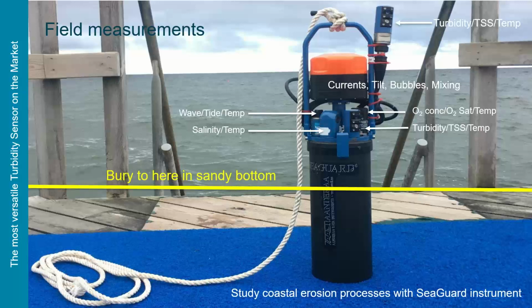And then the most important feature here is the dual turbidity sensors, which you see one above the other, and that gives us possibilities to see how much of the sediments are resuspended by waves and currents, and how they are transported in different directions. Why two? Because with two you get the gradient, and then you can roughly calculate, if you have resuspension of the bottom sediments, approximately how much is resuspended. And typically in these studies we bury the instrument to what you see here, the yellow line.